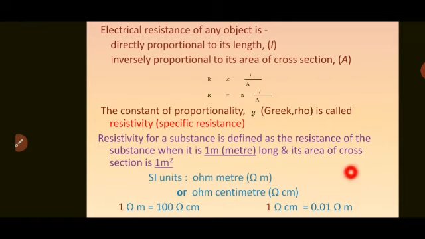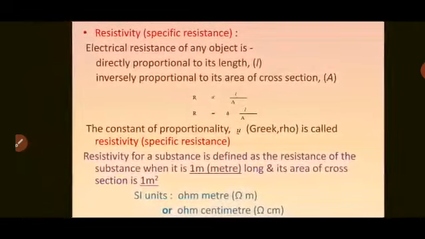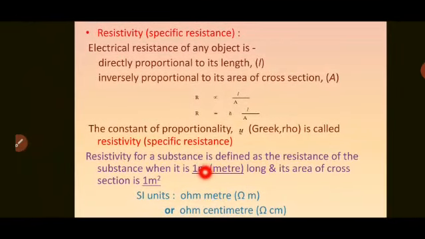These relations are required in solving problems. So resistivity of a substance is defined as the resistance of the substance, that is, its capacity to oppose the flow of current, when it is 1 meter long and its area of cross section is 1 square meter.